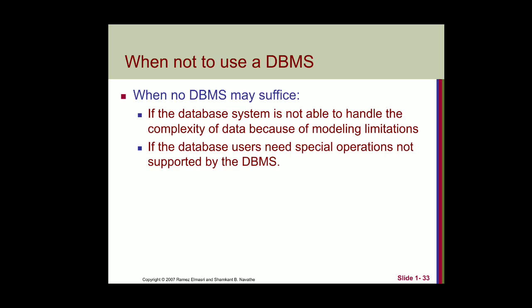And the next thing is, if the database users need special operations not supported by the DBMS. Now we know that a DBMS is used for insertion, deletion, updation, commit, revoke, all these things. These are the operations of the DBMS. Now, if some other work has to be done which is not supported by a database management system, then we should not make use of DBMS.